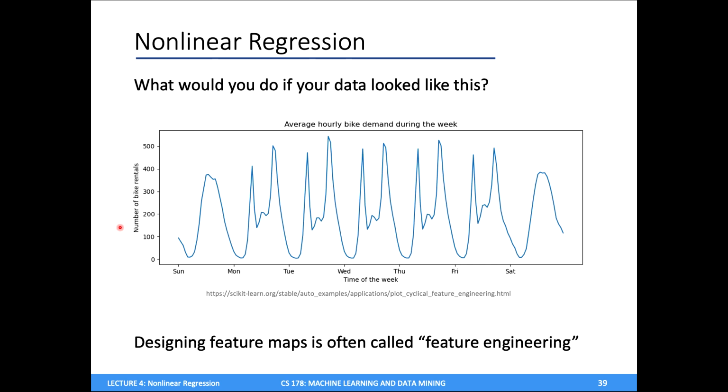You can see this definitely has a periodic trend to it. And if we'd like to do regression on this kind of data, something like a trig feature expansion might be quite useful. This practice of designing feature maps is often called feature engineering. And so a lot of machine learning work often goes into designing these maps and building features that are appropriate for your data.